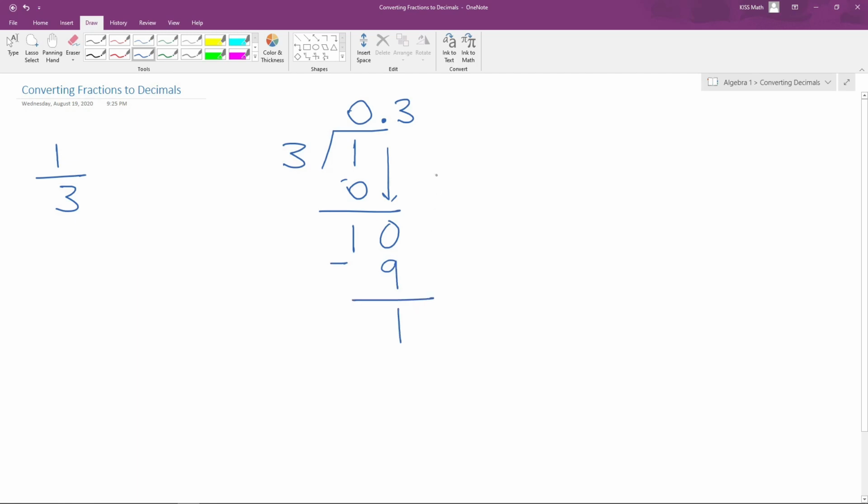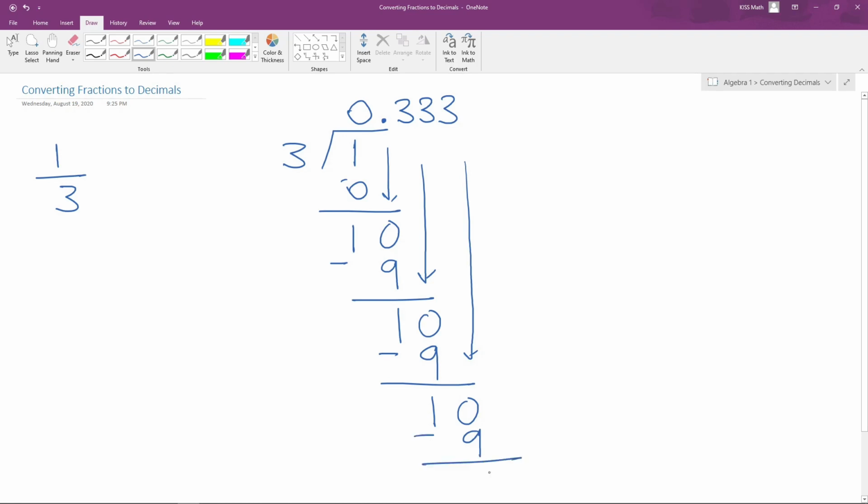Okay, we're left with 1. Bring down another 0. 3 goes into 10 3 times, 9, 1. Bring down another 0. 3 goes into 10 3 times, 9, 1. Okay, so then I realized if I continue doing this, this is going to go on forever.